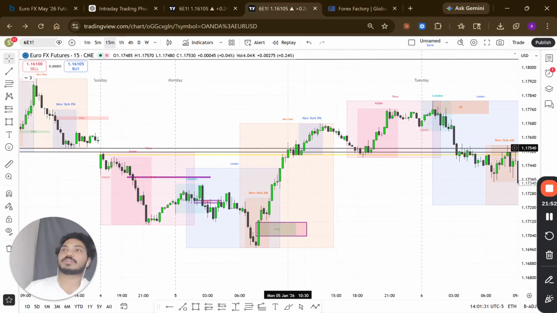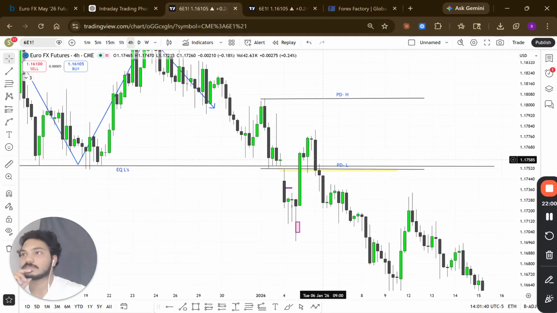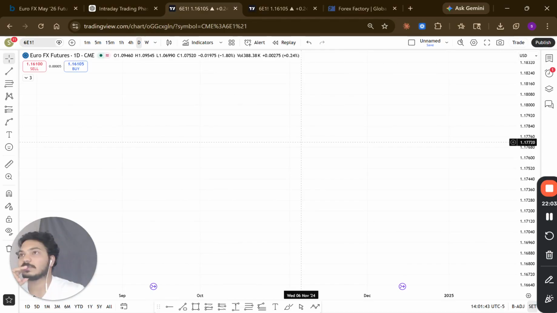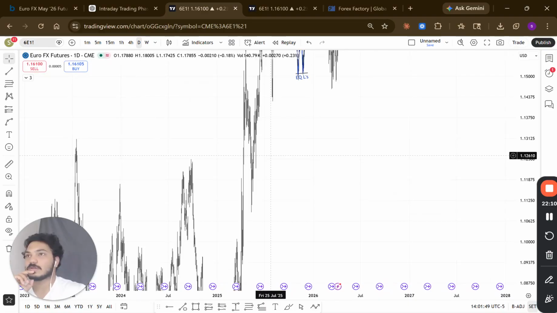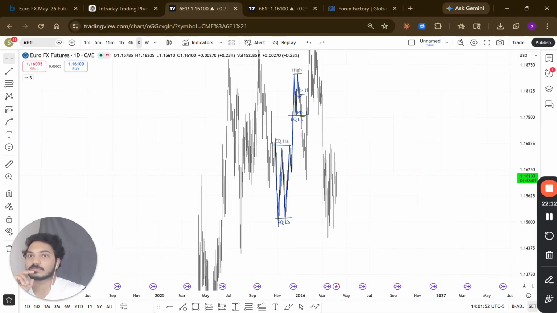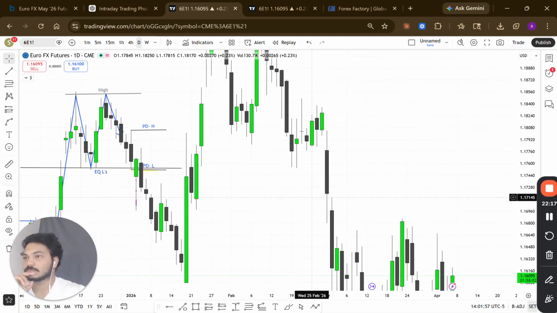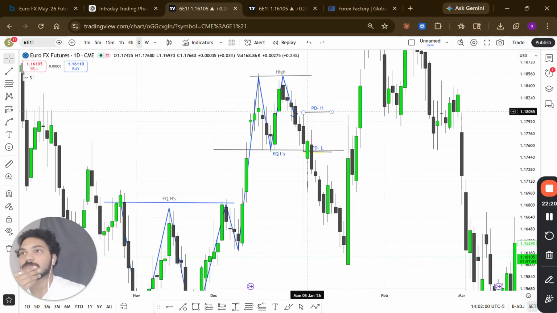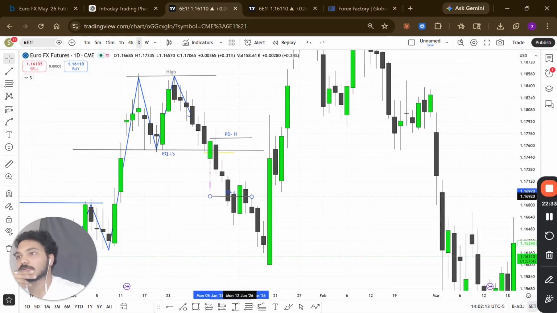So first we try to identify daily bias. Okay, this is the fifth we discussed, and I mark the previous day high and previous day low.